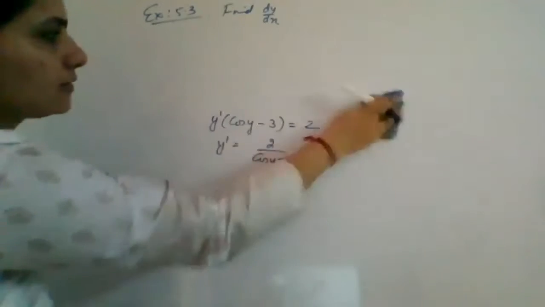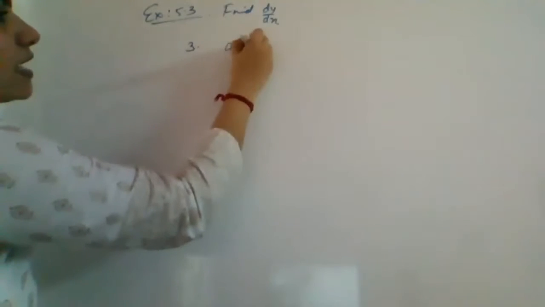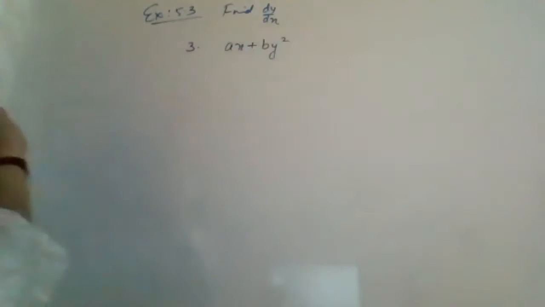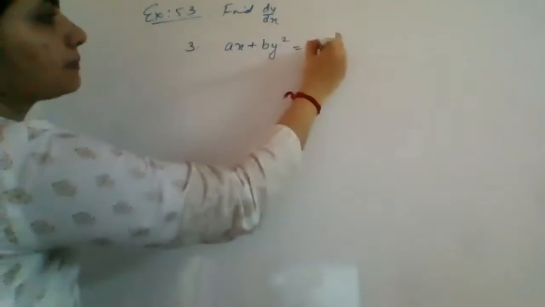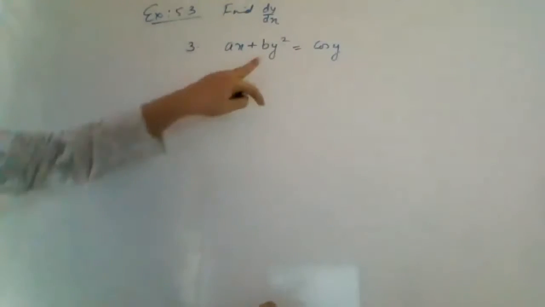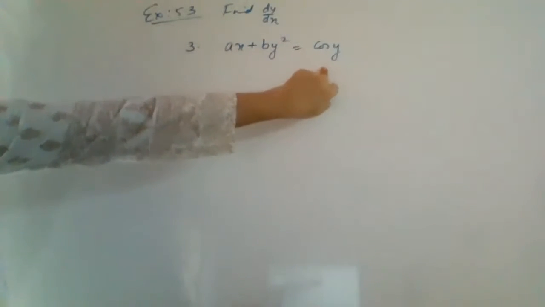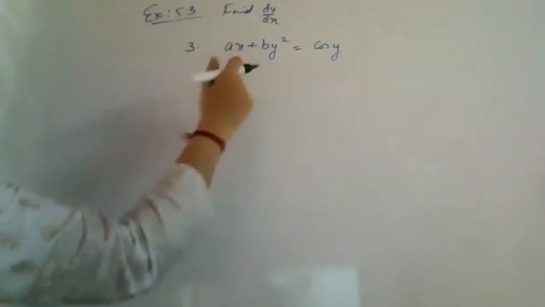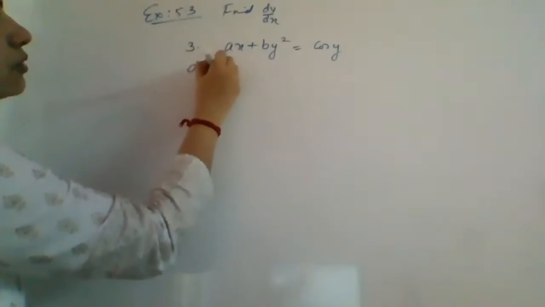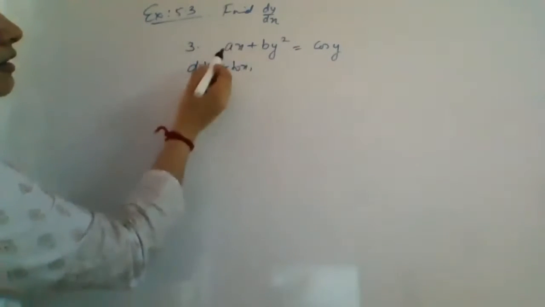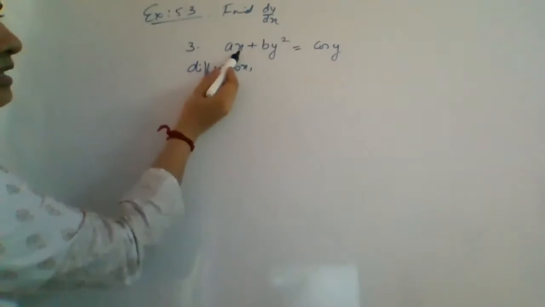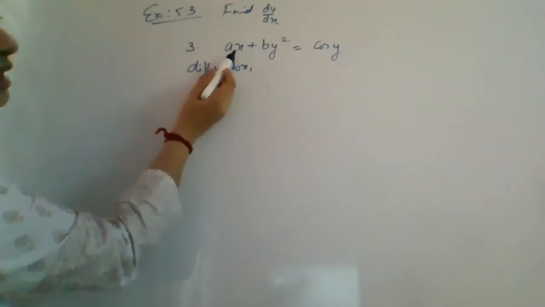Here, next one is ax plus by square is equal to cos y. Again, you have here y, here also y. What you can do, differentiate with respect to x. Differentiating ax, you will get a into derivative of x is 1.